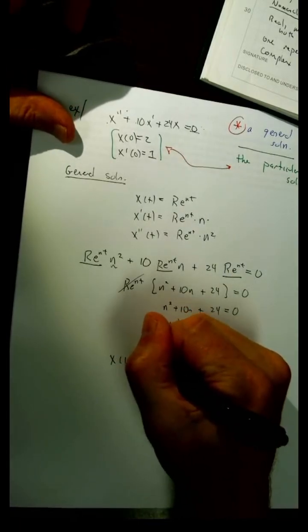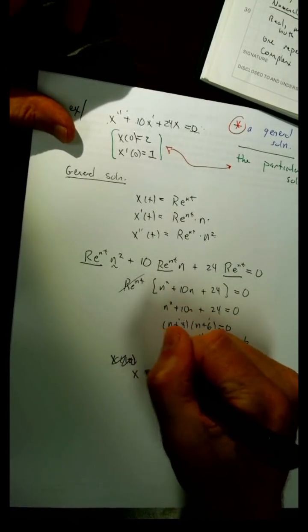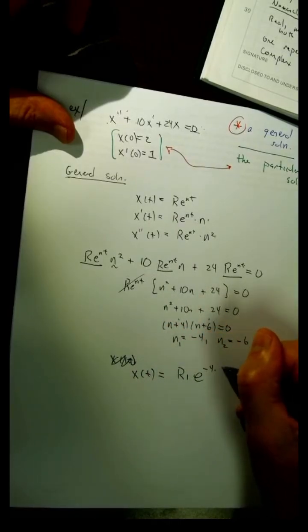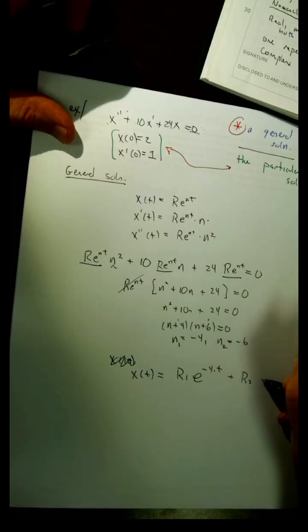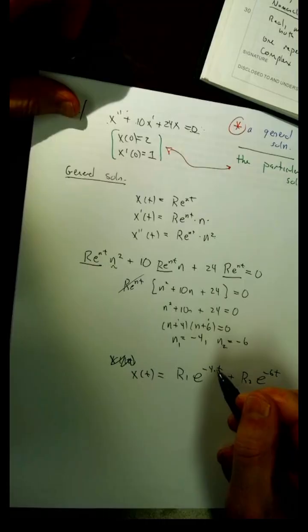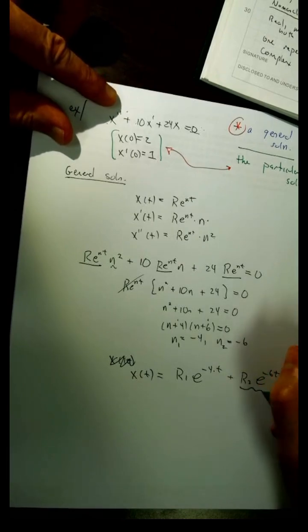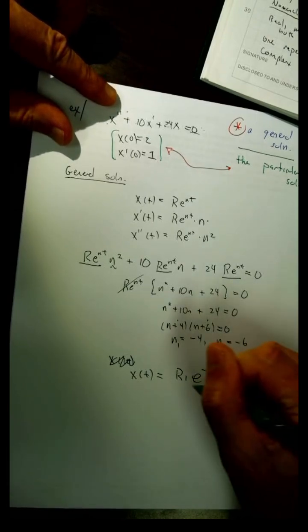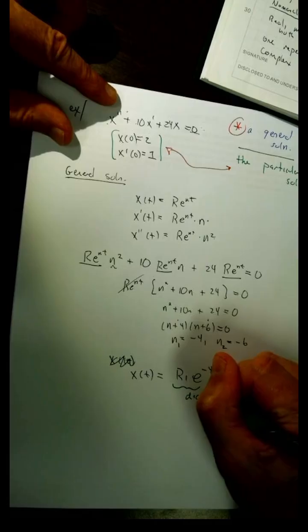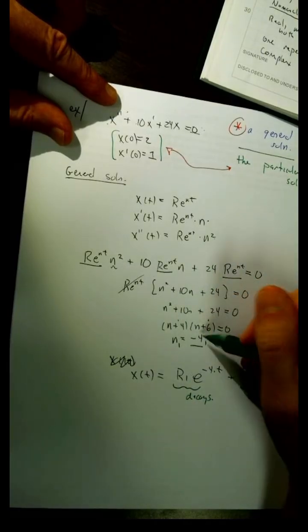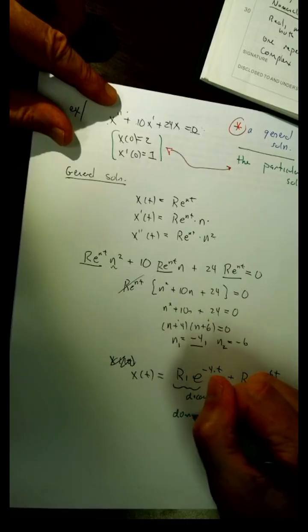So my general solution, let me write that more neatly, is r1 e^(-4t) plus r2 e^(-6t). Sorry, I got carried away. And you should notice this decays, and this decays, but because n1 is bigger, that's going to be the dominant term.